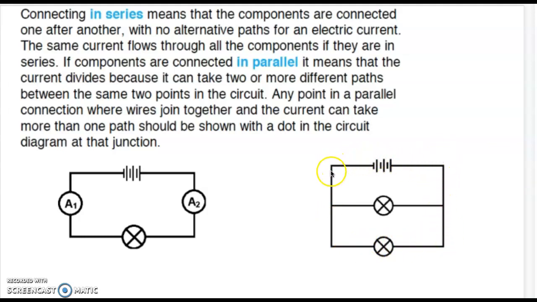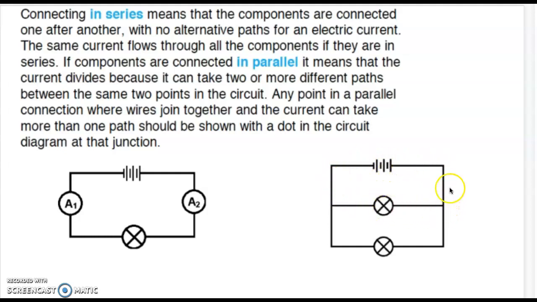Now, the current that flows through here does not have to flow through this cell here. The flow of the current would be to the first bulb and then back to the battery. And then you could have an outside loop here and then back to the battery.